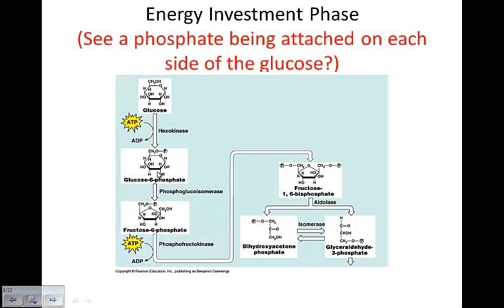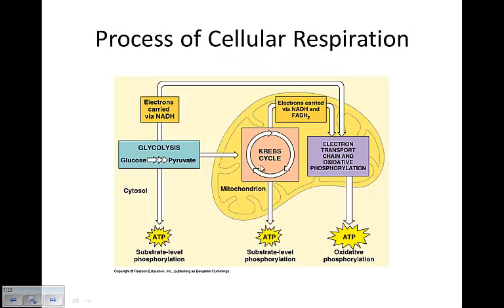Step 2 is called the Krebs cycle. And this is all about making these electron carriers. See, we're going through this, and electrons are carried via, now notice it's not NADPH, it's NADH. Just remember that the P is in photosynthesis.